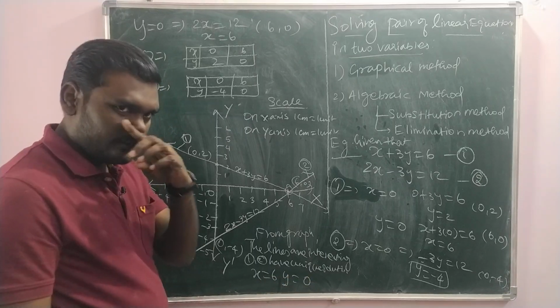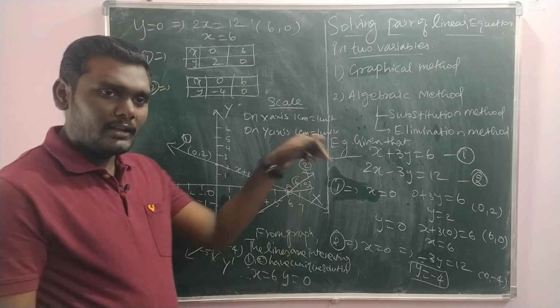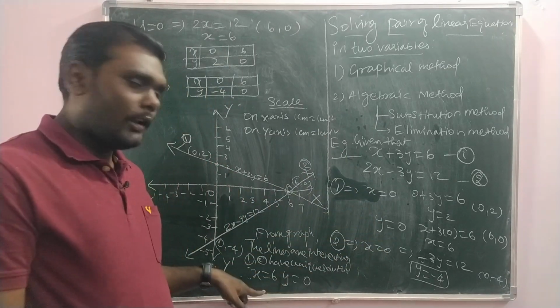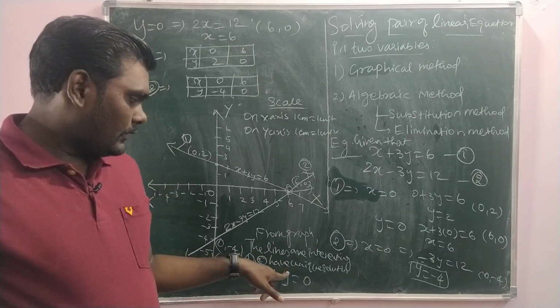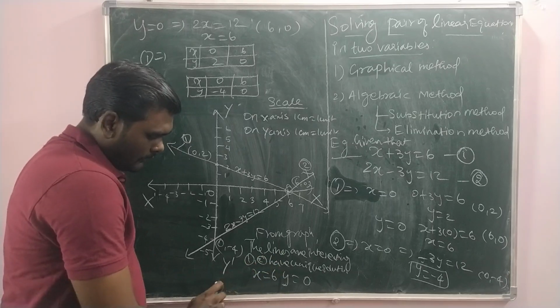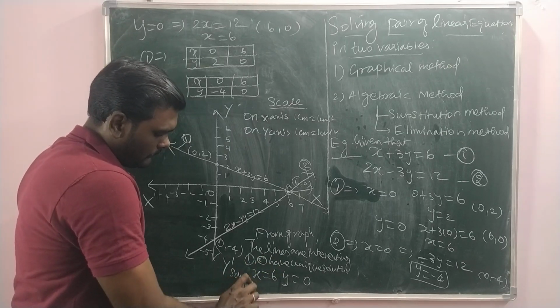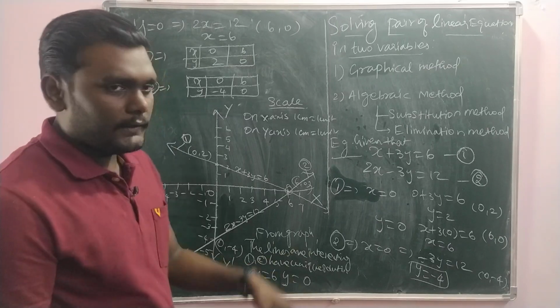That is the solution from the graph. They said solve them graphically, right? This is what solving them graphically is, writing the solution. Therefore they have a unique solution, and the solution is x equals 6, y is equal to 0.